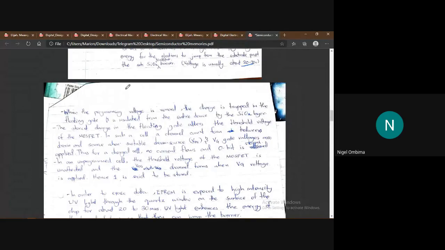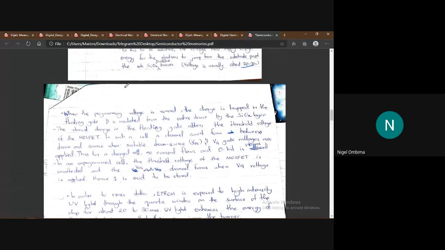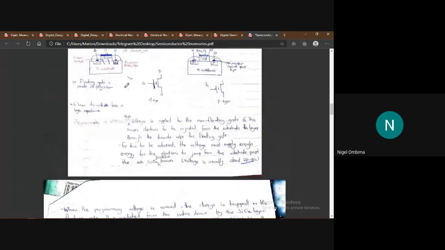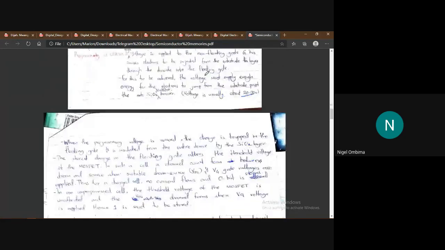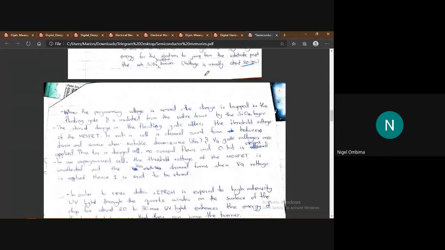When the programming voltage is removed, the charge is trapped in the floating gate. Remember, the charge jumped from here to here, but now when the voltage is removed, it is trapped in here and can't return. It is insulated from the entire device by the silicon dioxide layer.